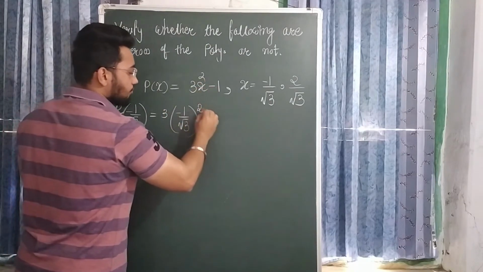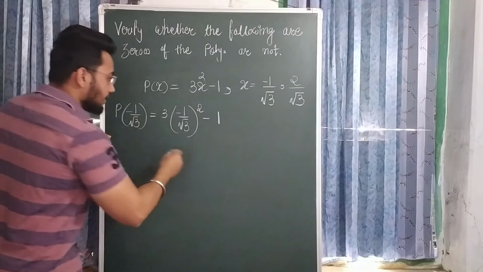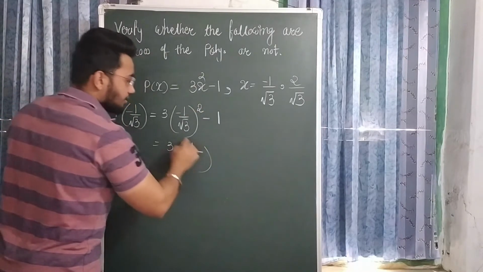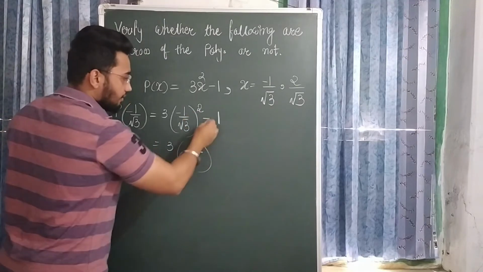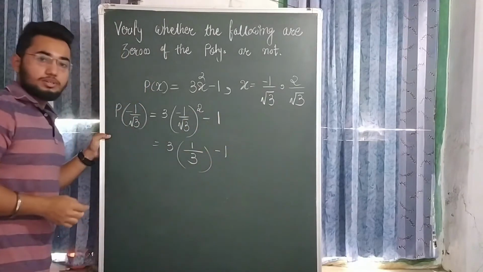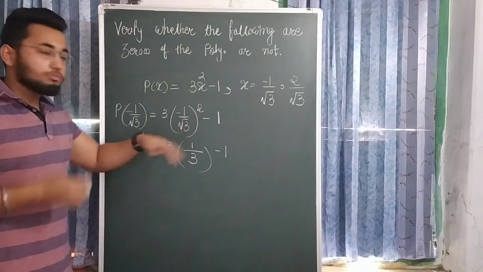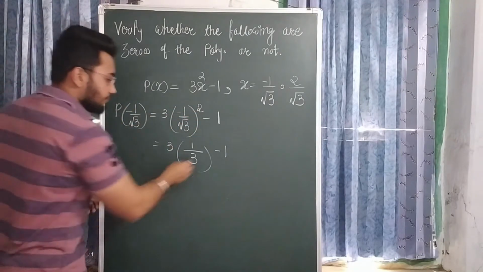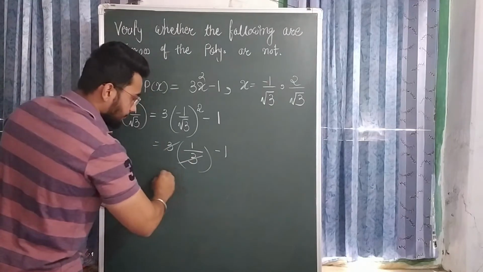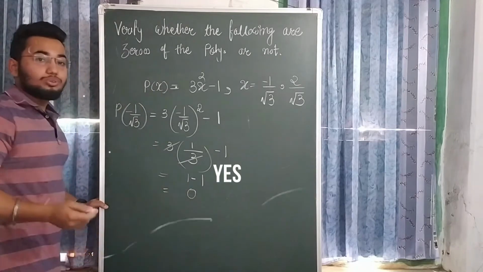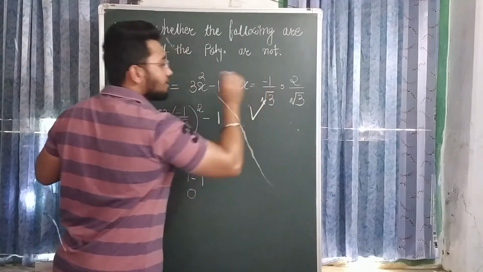Here is a square also, minus 1 whole square over 3, minus 1. This minus 1 squared is 1, root 3 squared is 3, minus 1. Here is a square, and square is an even power, so the minus will automatically be eliminated. 3 will cancel. 1 minus 1, and our answer is 0. So obviously this is a zero of this polynomial.